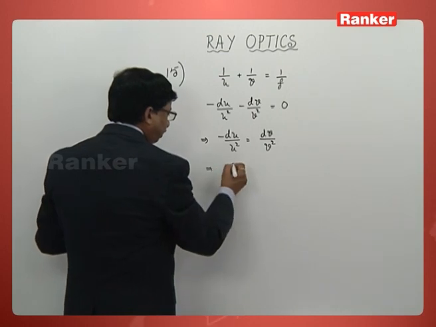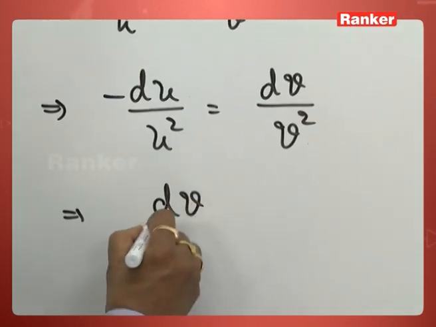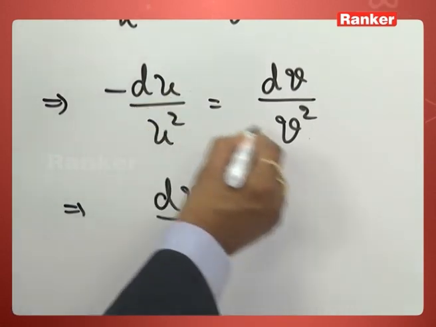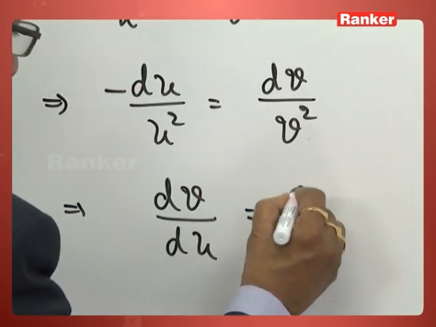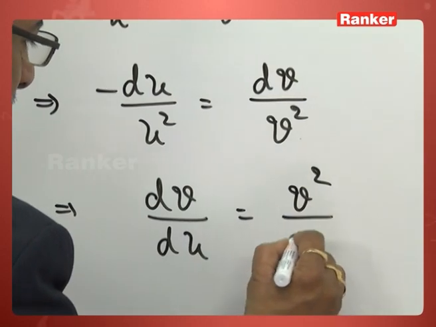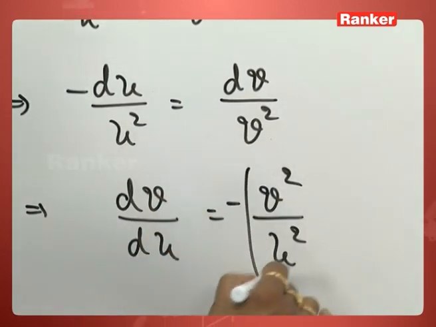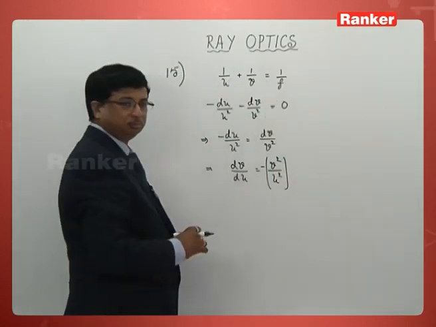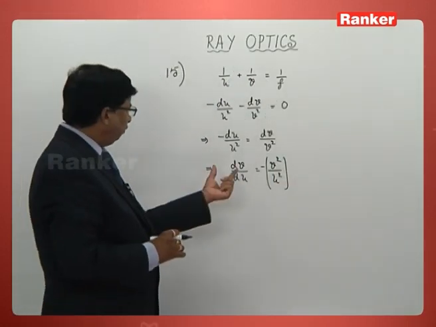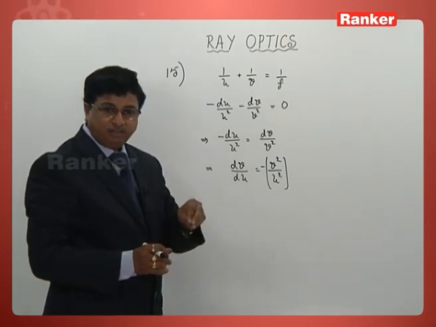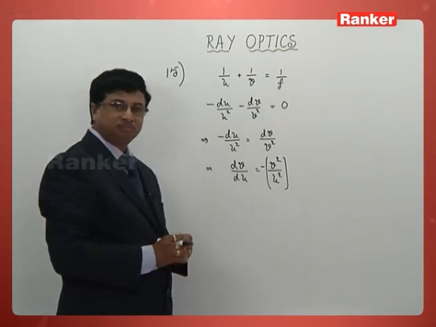Now you just write the same this way, dv by du. Bring this one this side and v square this side. V square by u square with a negative sign you are getting. Observe carefully what the dv is here. It is the size of the image.